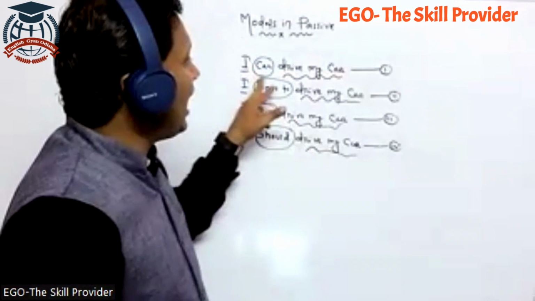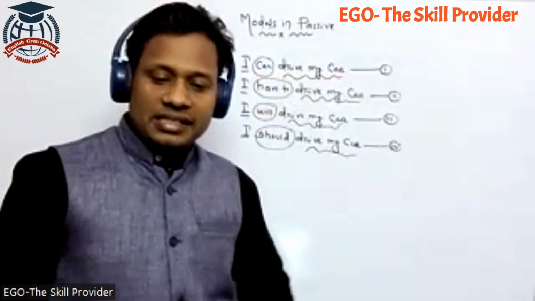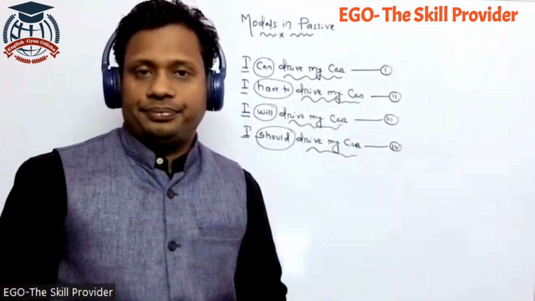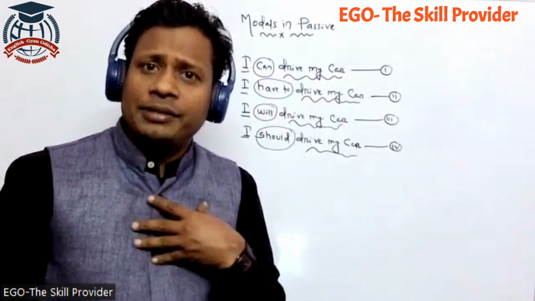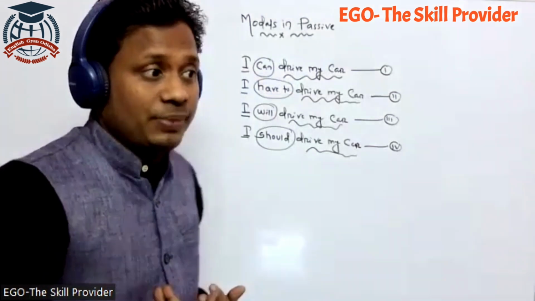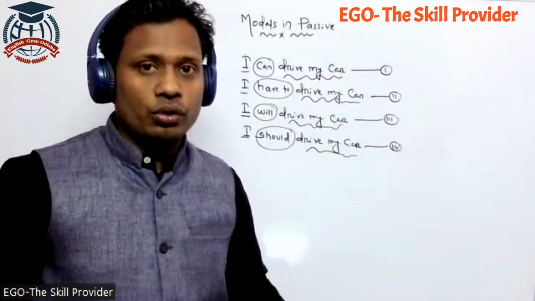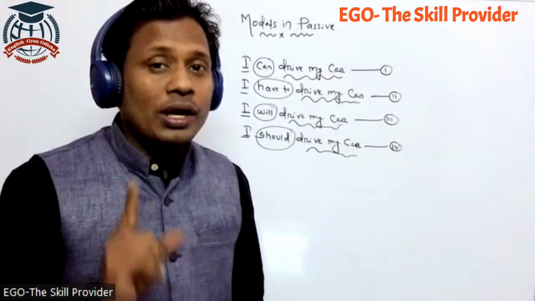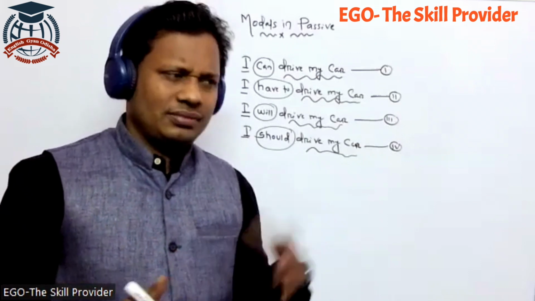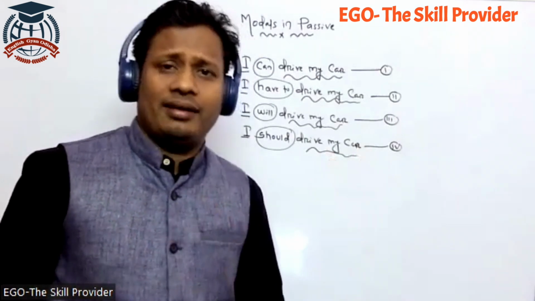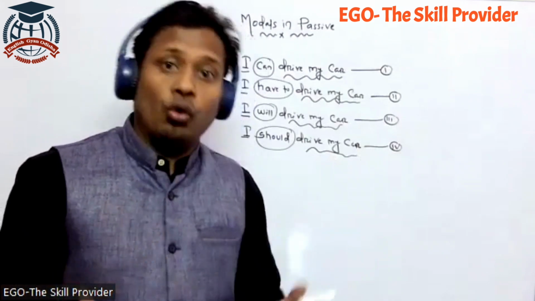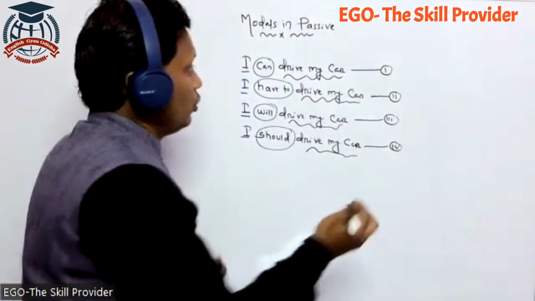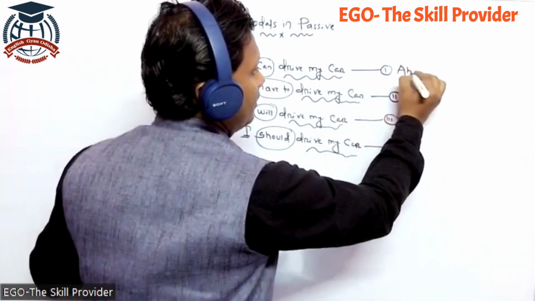Look at what is written here: I can drive my car. That means I express my ability. I have the ability. I don't drive every day. If somebody asks me, do you cook? Yes, I can cook. That means I don't cook every day. A lot of people are at my home, they are cooking, but I don't cook, but I have the ability. I know how to cook. So this expresses ability.